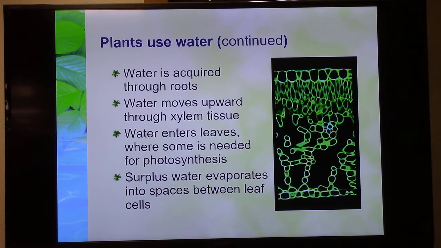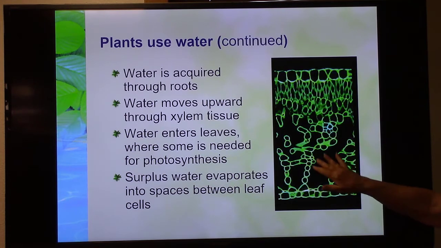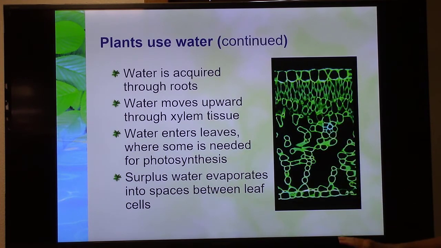Well, actually, a leaf has got a lot of air in it. There's a lot of space inside of a leaf. It's not solid cells. Water is acquired through the roots. Water moves upward through the xylem tissue. Water enters the leaf where some of it is needed for photosynthesis.